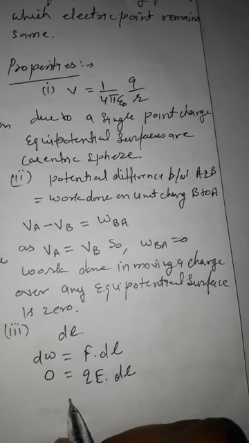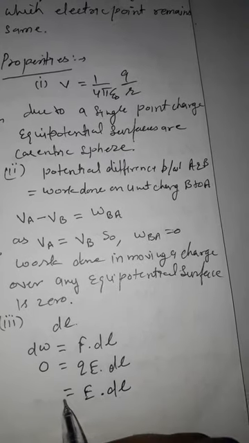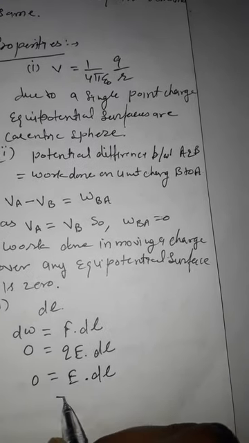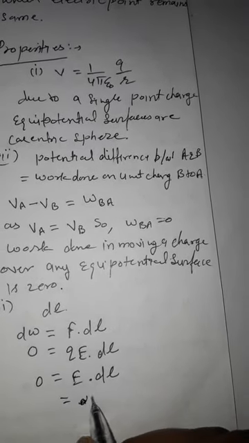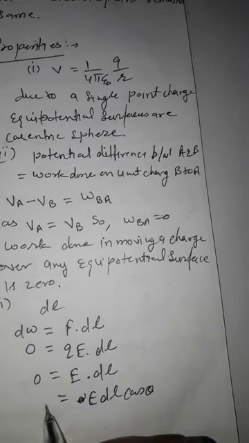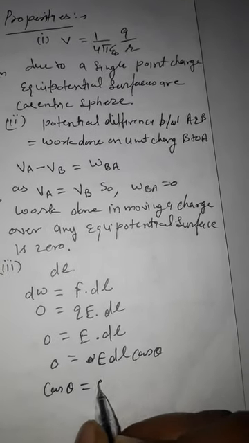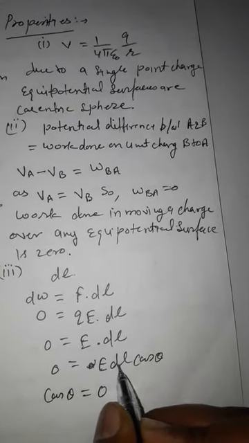As it is a unit charge, E dot dl is equal to 0, which means E dl cos theta is 0, so cos theta is 0, because E and dl are not 0.